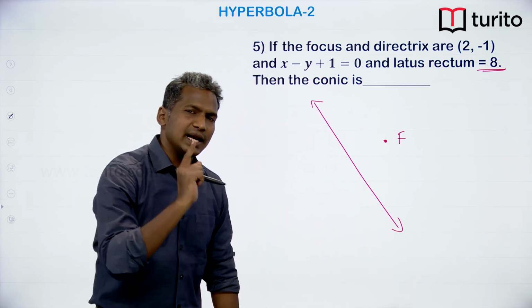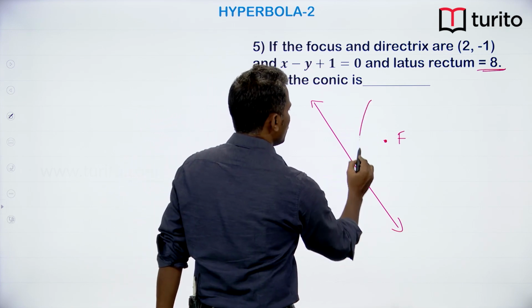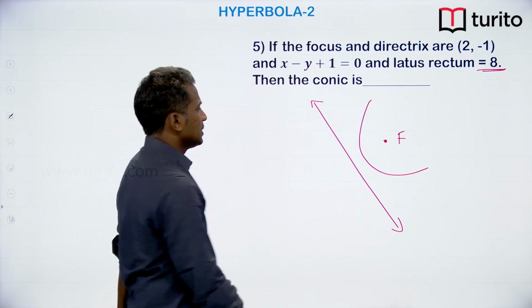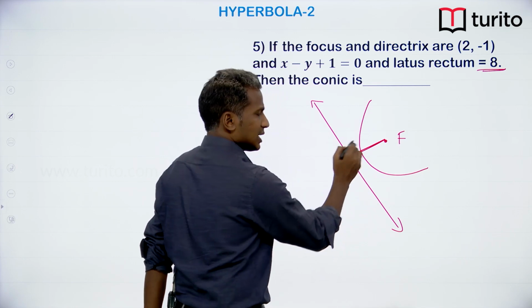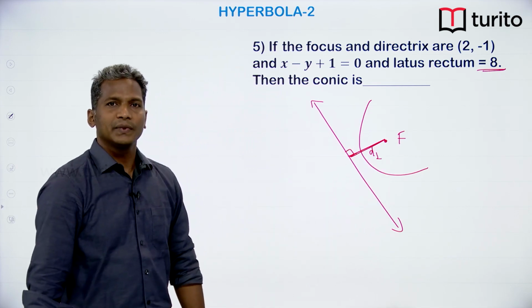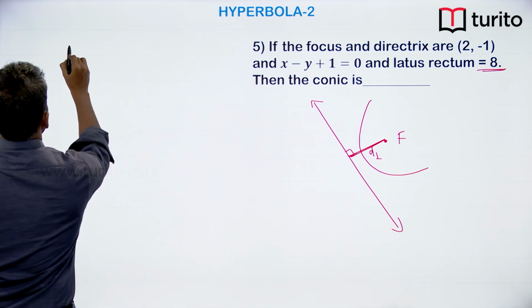Now, whether it is an ellipse or hyperbola or parabola, the curve is going to bend towards the focus, that is always there. So, we will try to get the distance of the focus from this line, let us name this as D perpendicular.